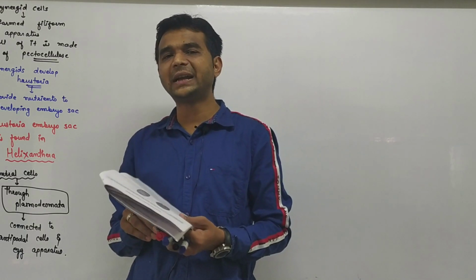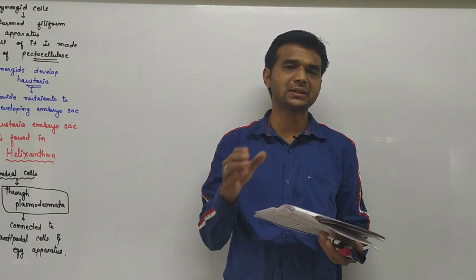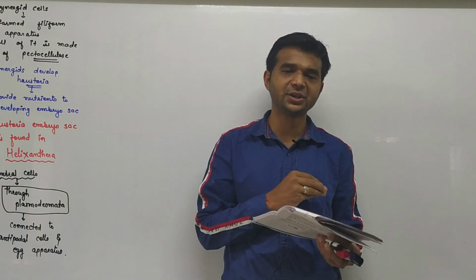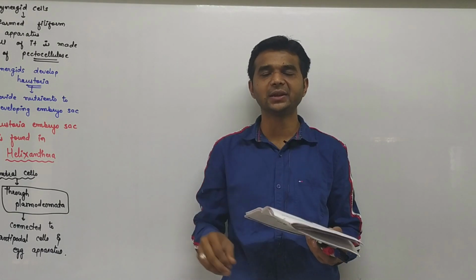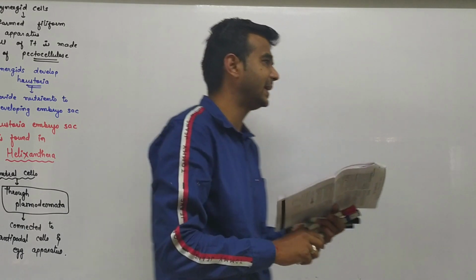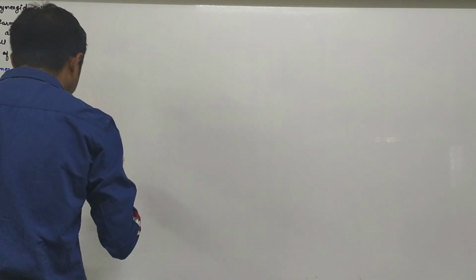Actually two polar nuclei are there, but just before double fertilization, the two polar nuclei join together to form the secondary nucleus.